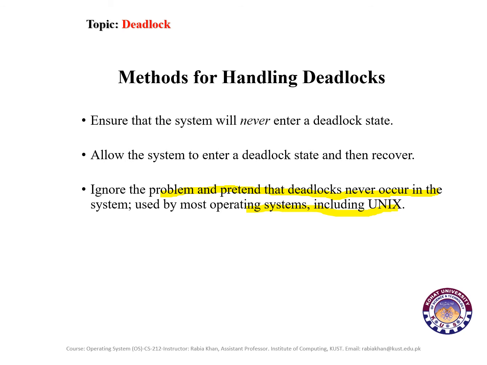But this is not the case with all operating systems. Deadlocks do occur, and those operating systems then provide some mechanisms to handle deadlock and recover from this problem. We are now discussing all those mechanisms one by one.